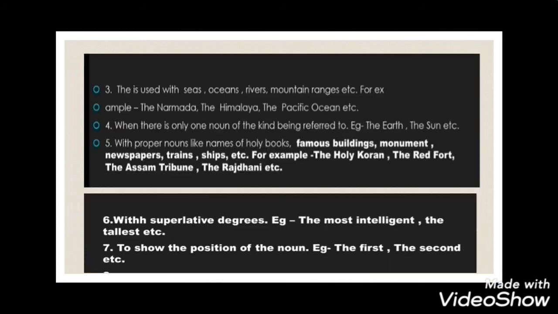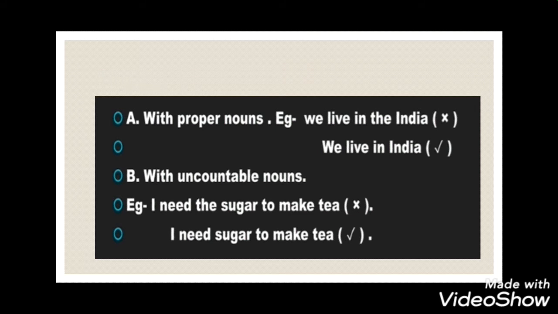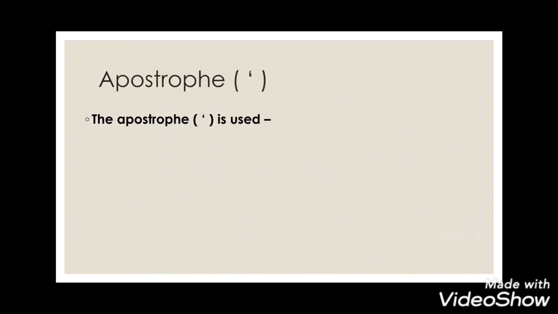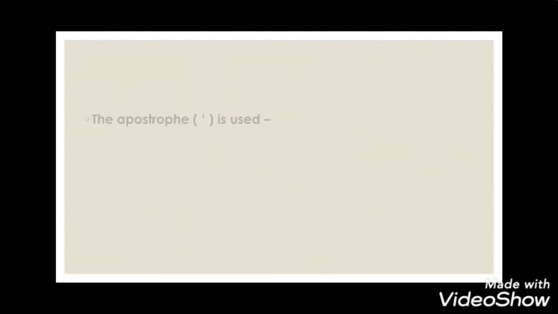Now let me proceed to the next grammar topic, that is apostrophe. So students, first of all let me tell you the uses of apostrophe. The apostrophe is used to show possession, that something belongs to somebody.